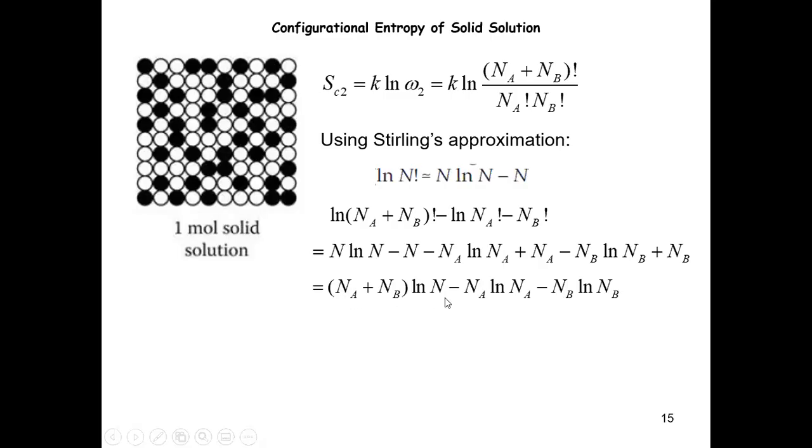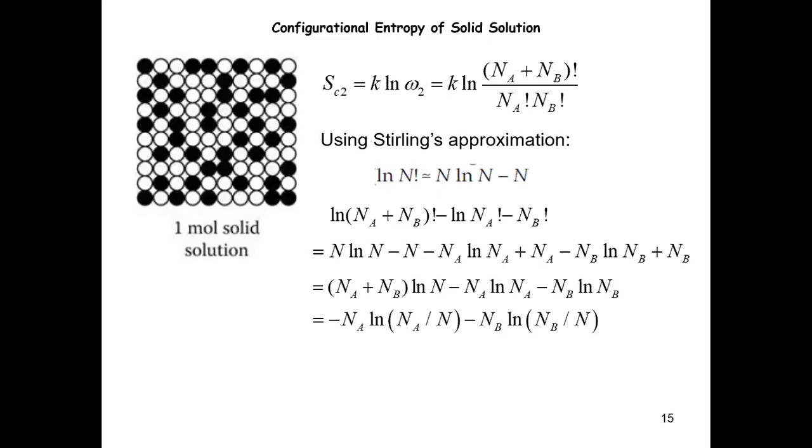If we do that, we can group the NA terms together and group the NB terms together. So this is what we have. When I group the terms together, I have minus NA times log NA over N, plus, and I take the sign out. Within the log, I have NA over N, and for the same reason, I have NB over N. Does this make sense to everyone? I just want to make sure this is clear.